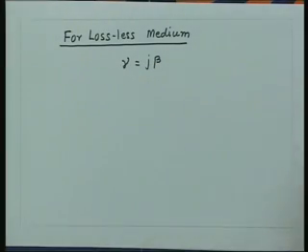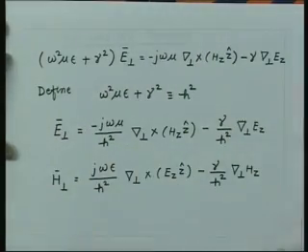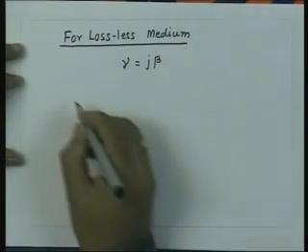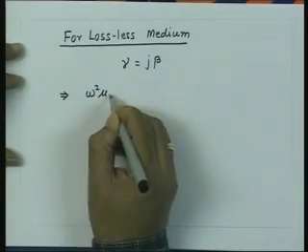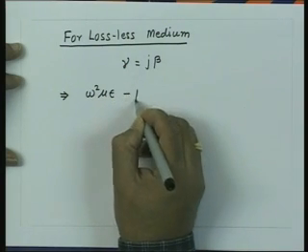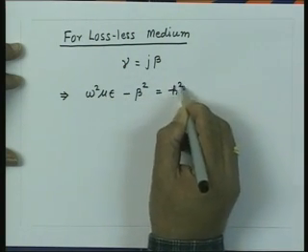So your h, which we have defined here, this quantity is minus beta square. So you get omega square mu epsilon minus beta square is equal to h square.